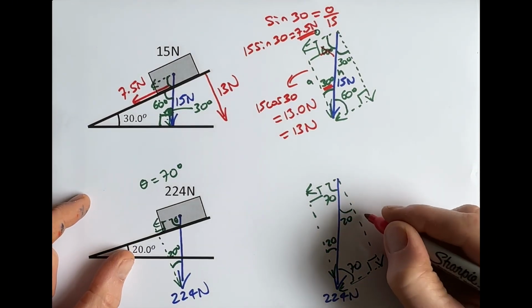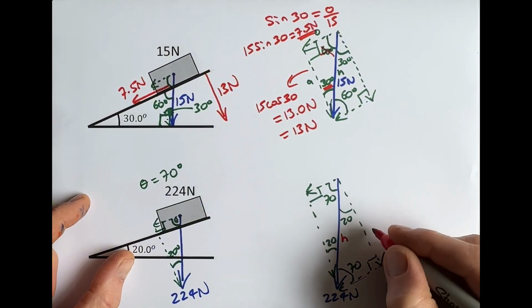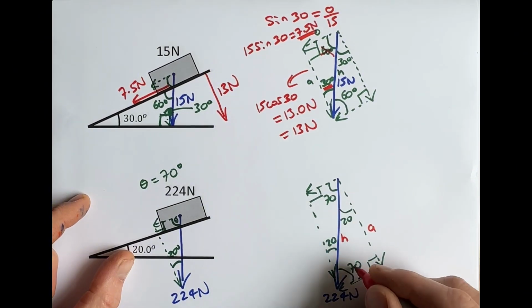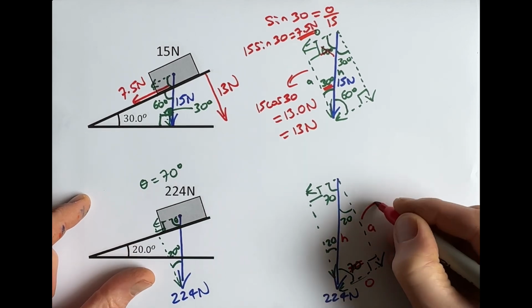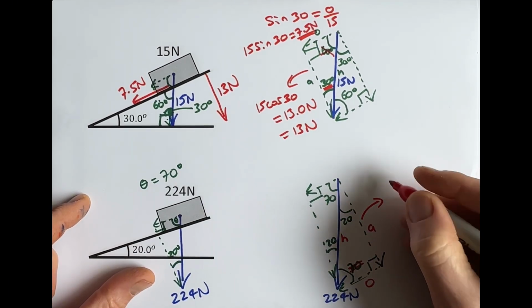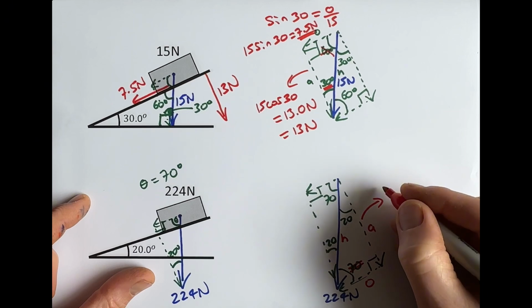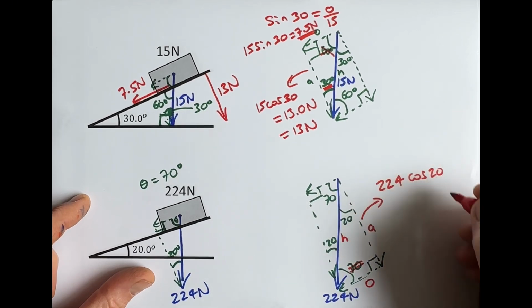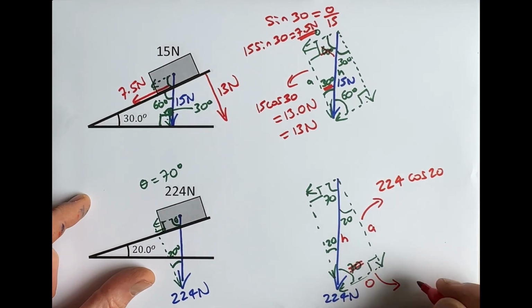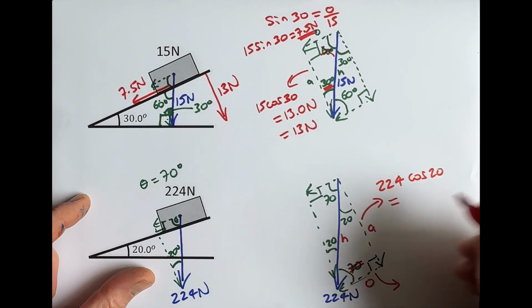So the component that is perpendicular to the slope, this is the hypotenuse, this is the adjacent, this is the opposite. We're not using that 70-degree angle, we're using the 20-degree angle. So this component that is perpendicular to the slope is going to be 224 cos 20.